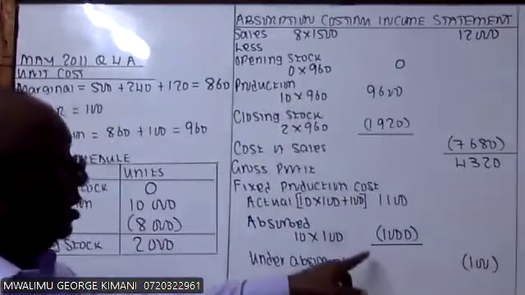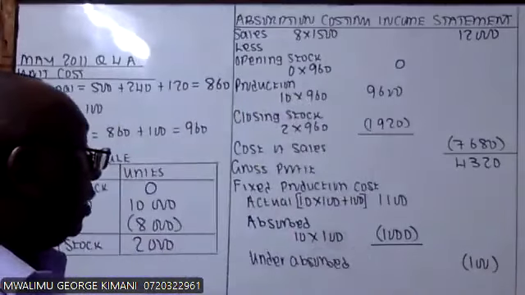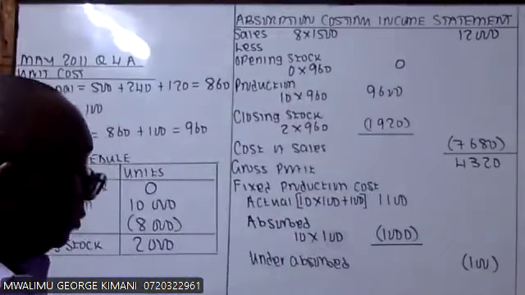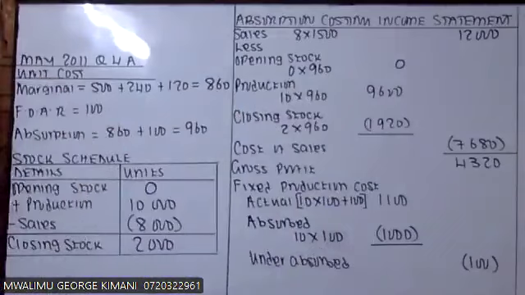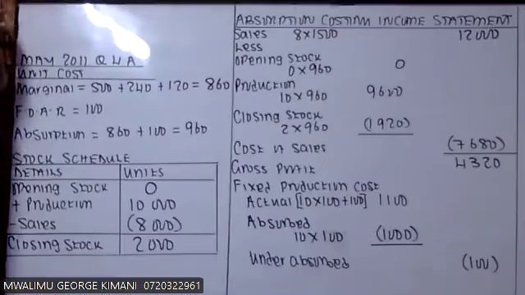The difference between this. The under absorbed should be subtracted. Teacher, I'm wondering, should we not take adverse as a negative value so that we get negative 1,100?